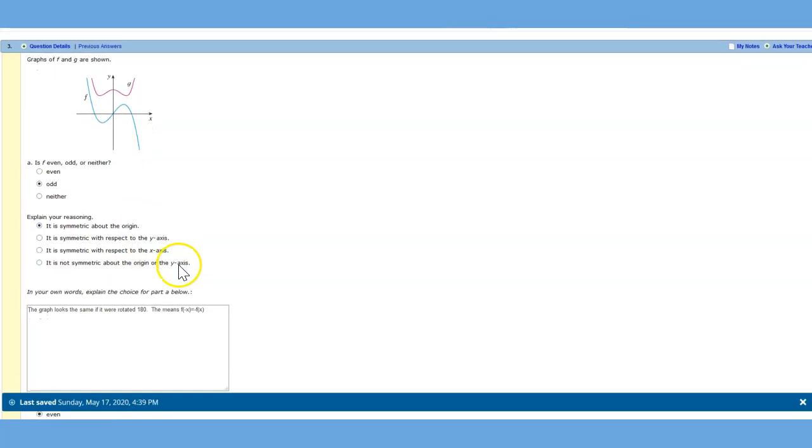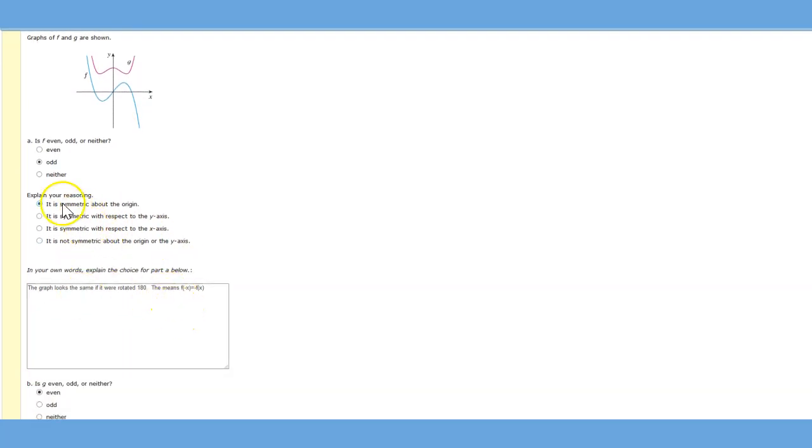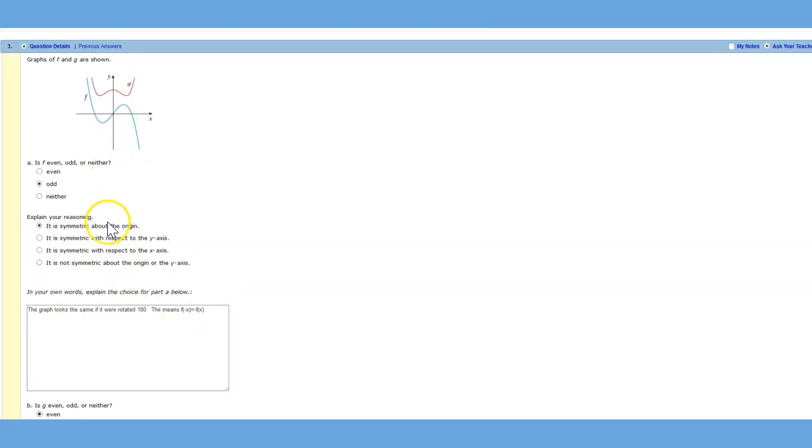And how do we explain that in our own words? Even this part that says explain your reasoning. For something to be symmetric about the origin, that means that if you rotated the graph 180 degrees, it would look the same. Another way to say that in function notation is f of minus x equals minus f of x. So just type that right in there.